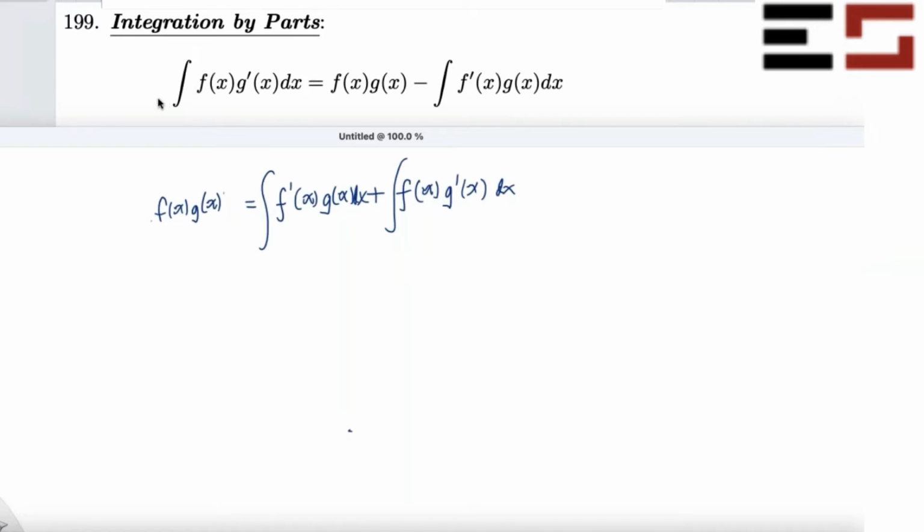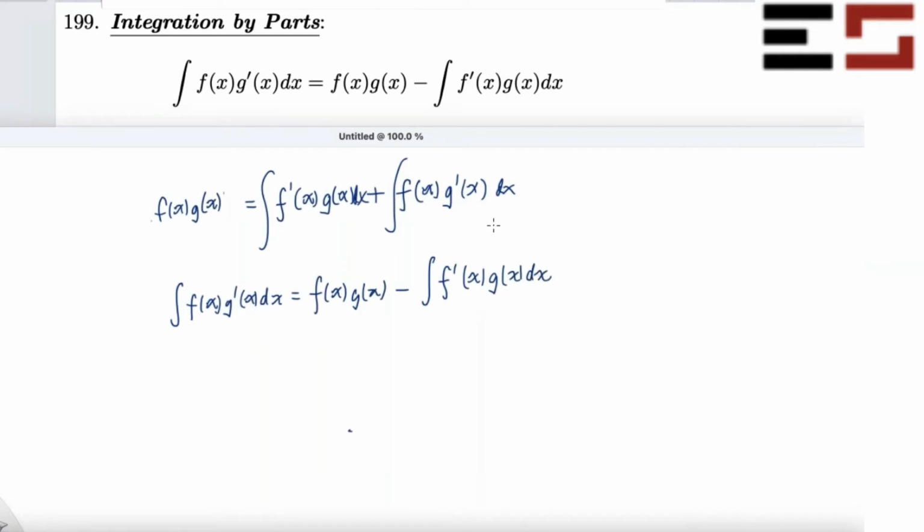Now can you see this is just the rearrangement of this term? Just take it to the other side. The integral f(x) g'(x) dx is equal to f(x) g(x) minus the integral f'(x) g(x) dx.